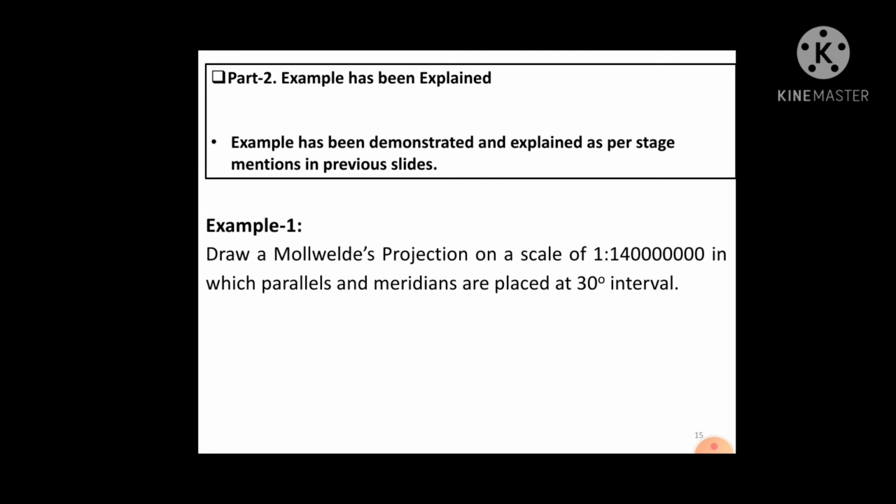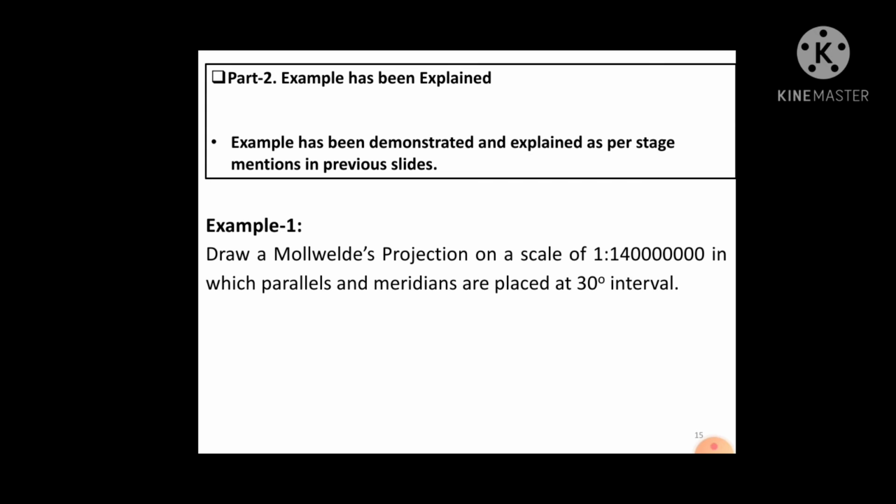The example has been demonstrated and explained as per the stages mentioned in the previous slides. So what is the example? I have taken a very simple example: draw the Molleweide projection on the scale of 1:1400 lakh centimeter, in which parallels and meridians are placed at 30-degree interval.